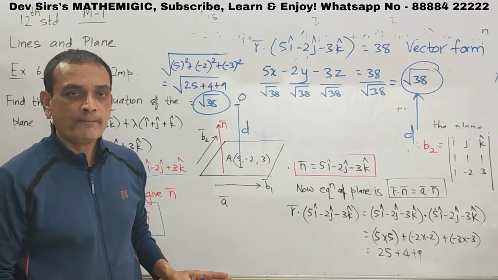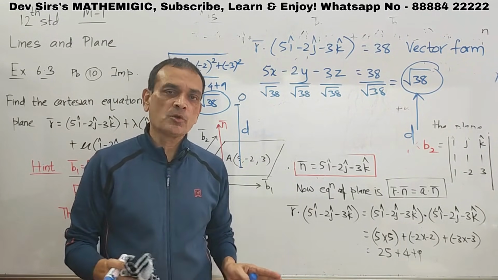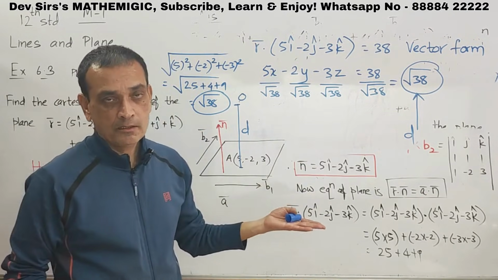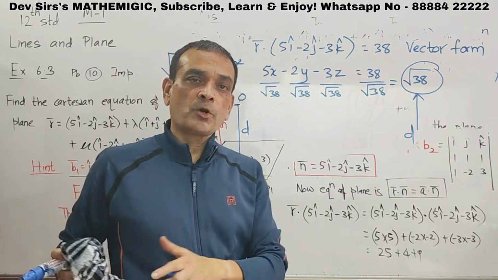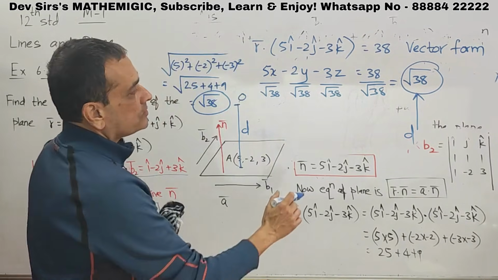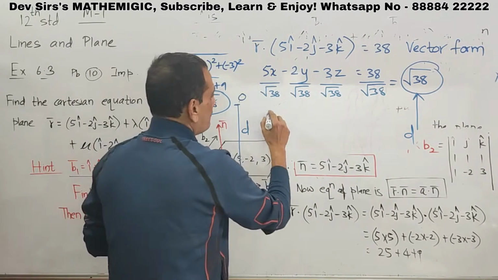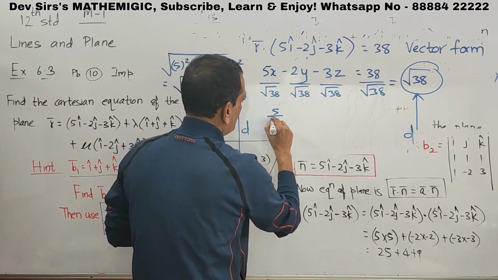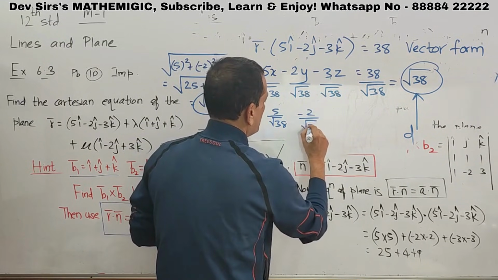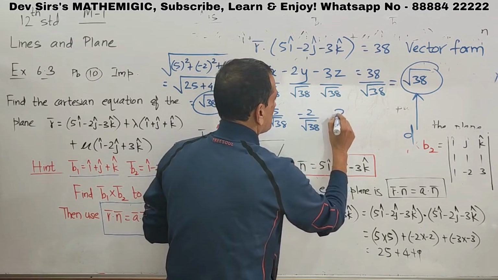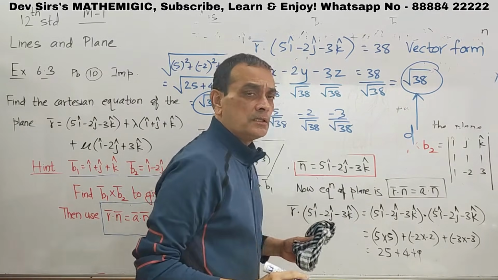So this is the second concept. मैंने एक ही प्रॉब्लम में दोनों concepts clear किए because this is also asked, right? ये प्रॉब्लम में नहीं पूछ रहा है लेकिन पूछ सकते हैं अलग प्रॉब्लम लेके. So this is the distance of the plane from the origin, and what do you get over here? 5 upon root 38, minus 2 upon root 38, minus 3 upon root 38.